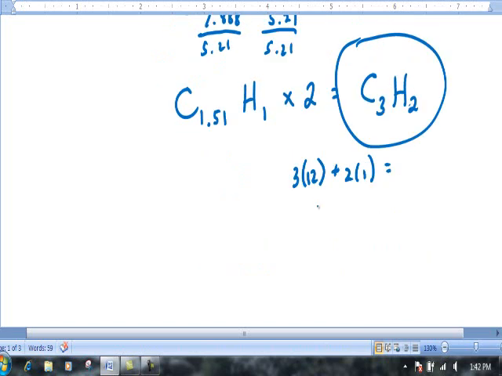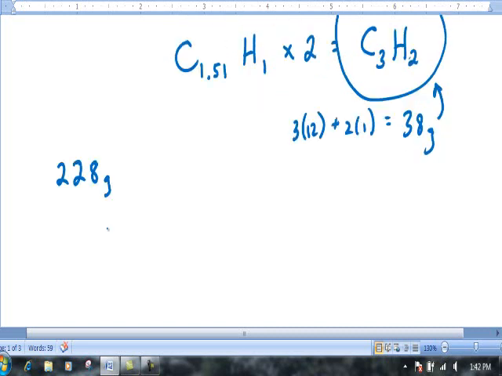To get the empirical mass, 3 times 12 plus 2 times 1, that gives us an empirical mass of 38 grams for this empirical formula. Earlier we'd found that our molecular weight was 228 grams. Now the molecular formula has to be some whole number multiple of the empirical formula.